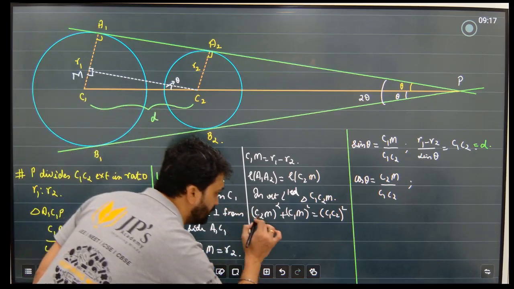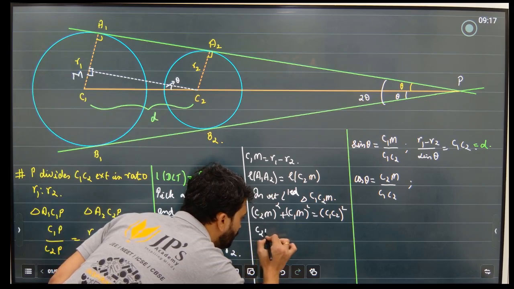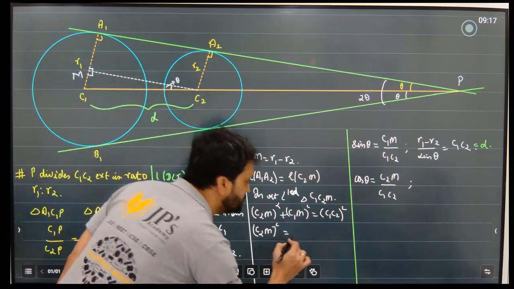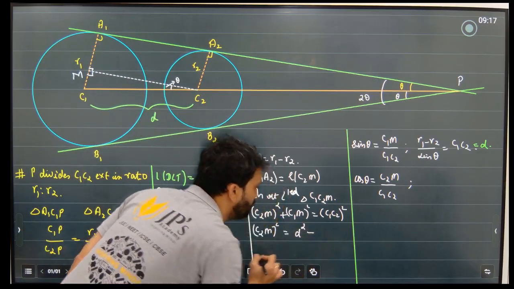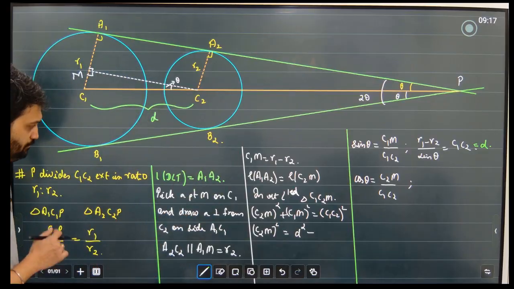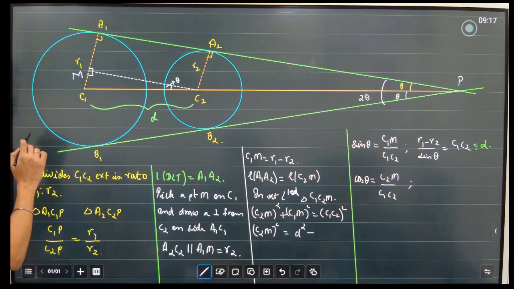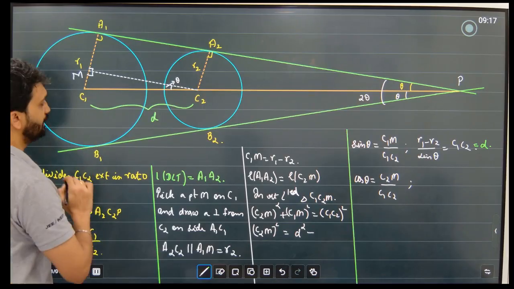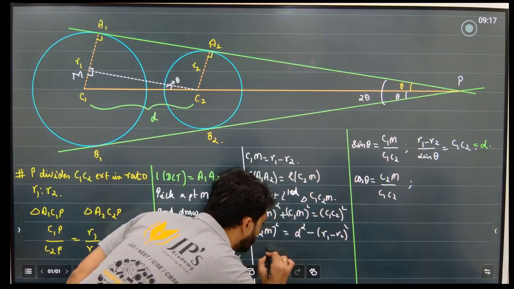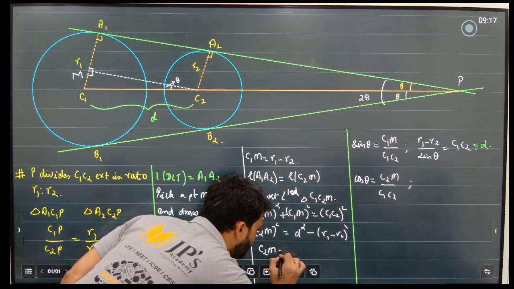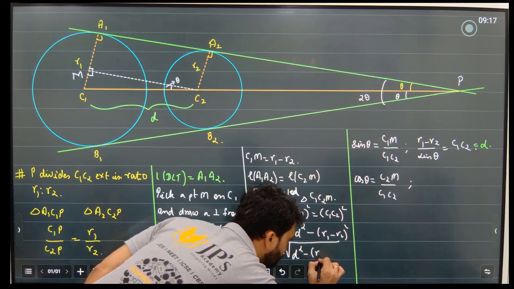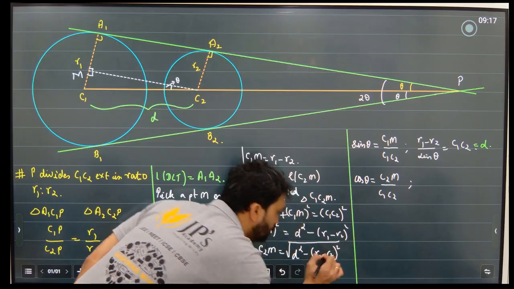First, I'll find C2M. So C2M, the whole square, will become, since I have C1 C2 as D, D square minus C1M, which is R1 minus R2, the whole square. Therefore C2M will become under root of D square minus R1 minus R2 the whole square.